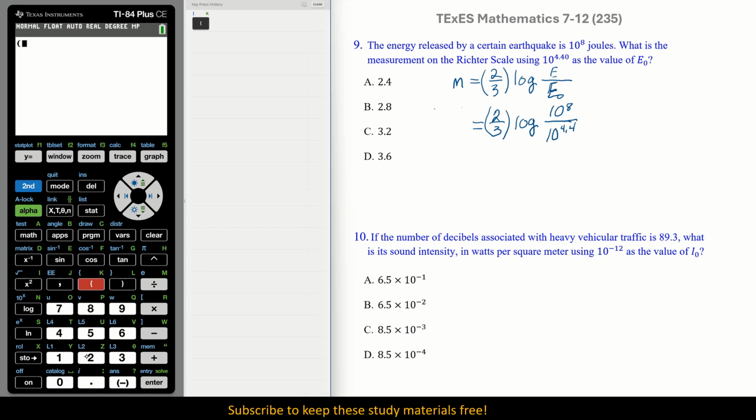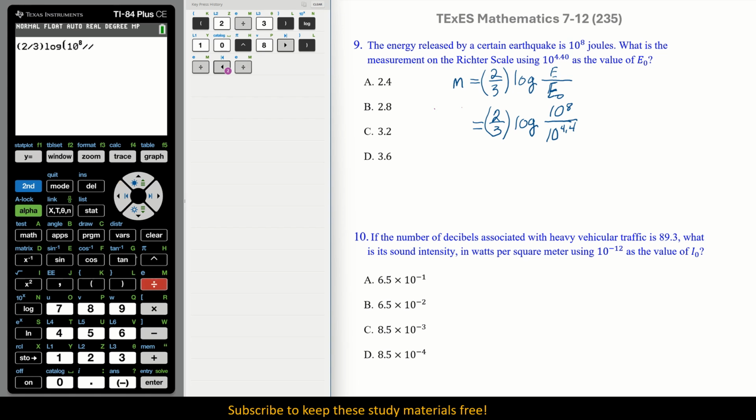So parentheses 2 divided by 3, close our parentheses. Now let's use log, okay? And we'll have 10 up to the 8, arrow over, close those parentheses, then divide, and that'll be, you know what? No, we don't want to do that. We want to just divide.